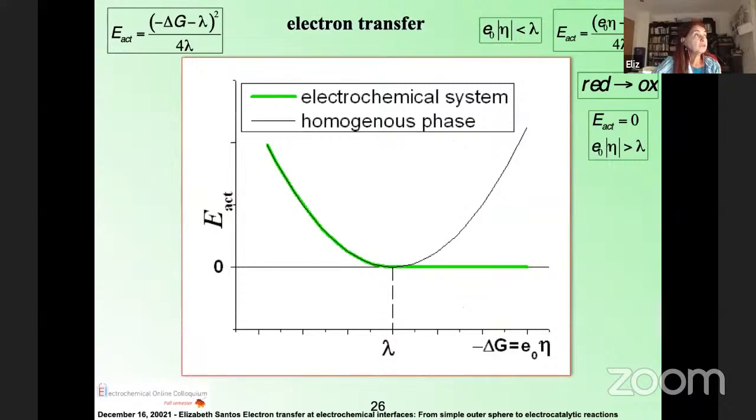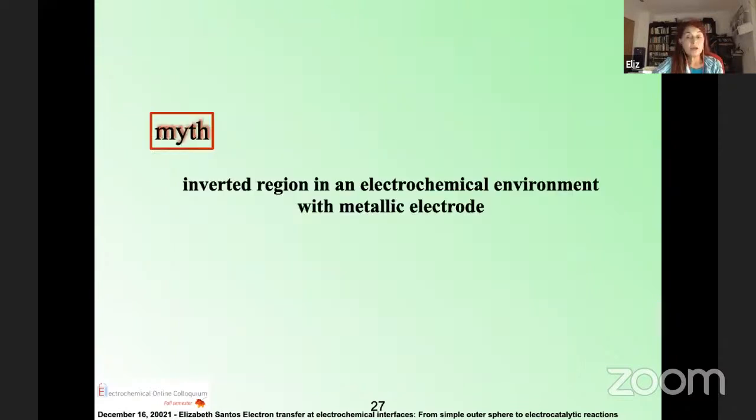We compare homogeneous phases and electrochemical systems. In a homogeneous system, the activation energy can increase again up to a certain point where the free energy is near the reorganization energy. But in an electrochemical system, it doesn't occur. It's always 0.